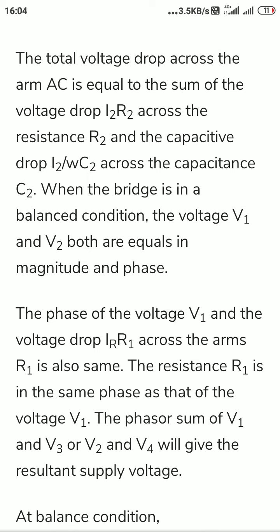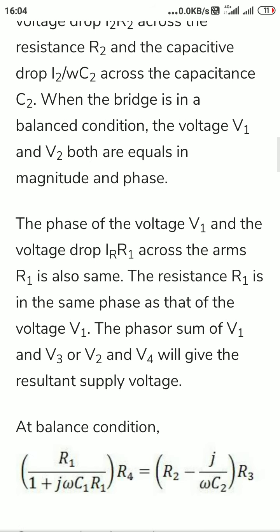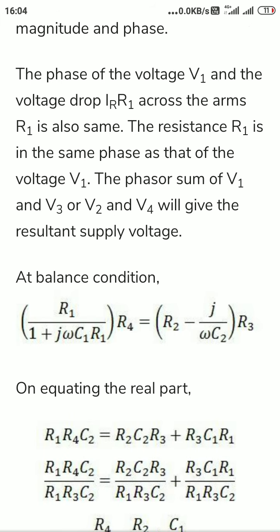The phase of voltage V1 and the voltage drop across the branch R1 is also the same. The phasor sum of V1 and V3, or V2 and V4, will give the resultant supply voltage.